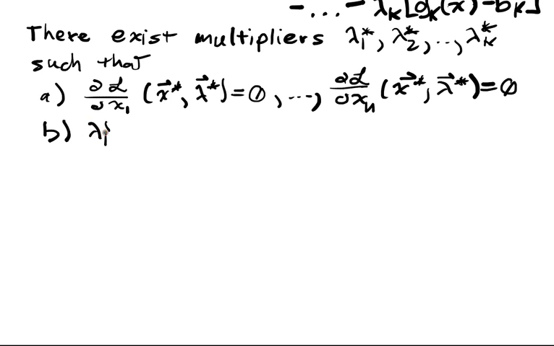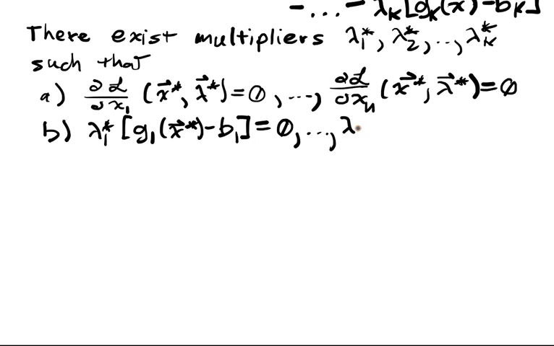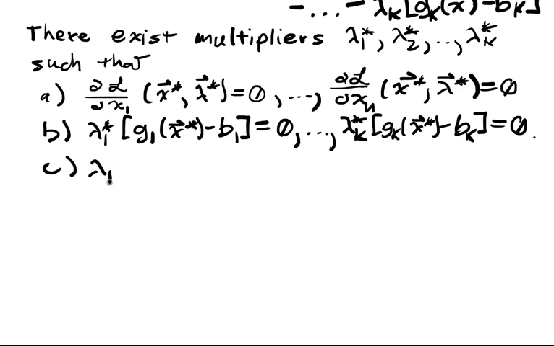The second thing is that I've got a complementary slackness condition for every single index here. So for every single constraint function, I have a complementary slackness condition. Right, so this is the complementary slackness condition for the first constraint all the way up to the last constraint: lambda k star times gk of x star minus bk is equal to 0. C, all of my multipliers have to be greater than or equal to 0.